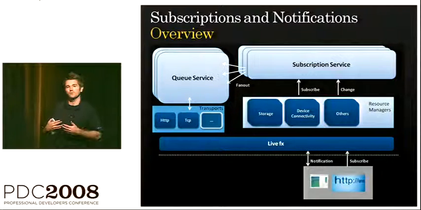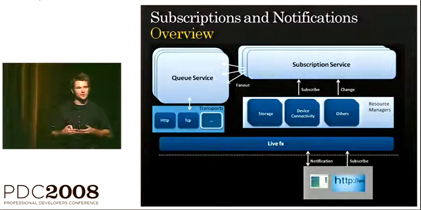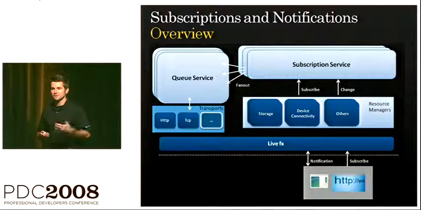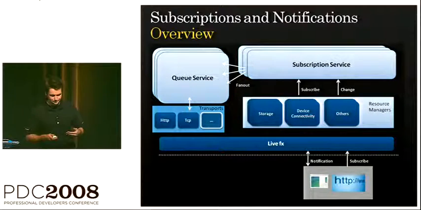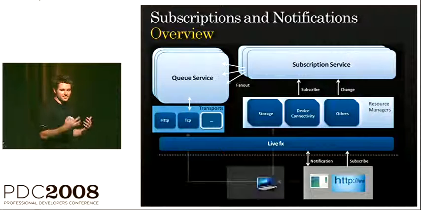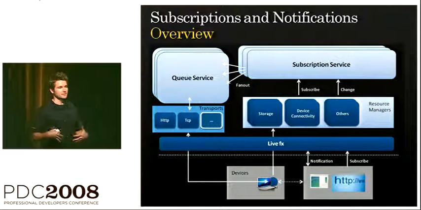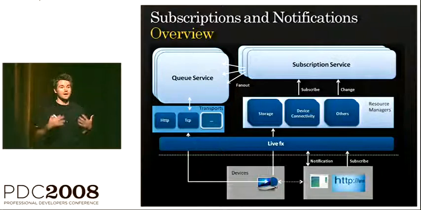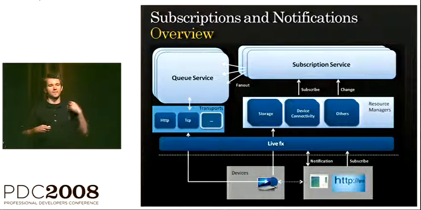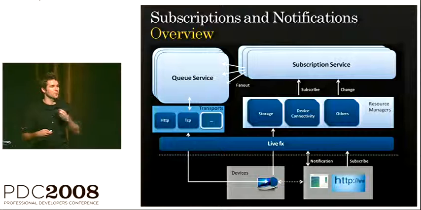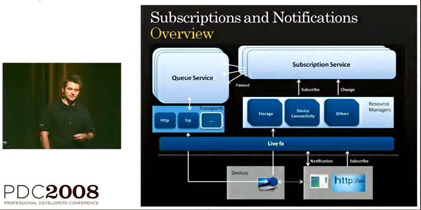Today in the Live Framework, we support HTTP as a transport. We're actively developing a TCP transport that Live Mesh is actually starting to use for its devices and device connectivity. That notification then comes down to a client, either a device or a cloud experience can also get that change notification. And then the application can then decide what it wants to do with that change notification.